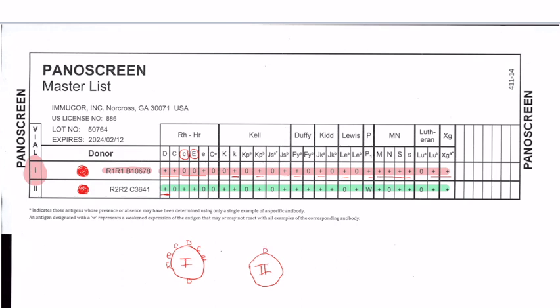Okay, so the D is the same as 1, but it doesn't have big C. Okay, so that one's not on there. But on the contrary, it has little c and E. So we can put little c on here and big E, I'm sorry. Big E. Has big E.